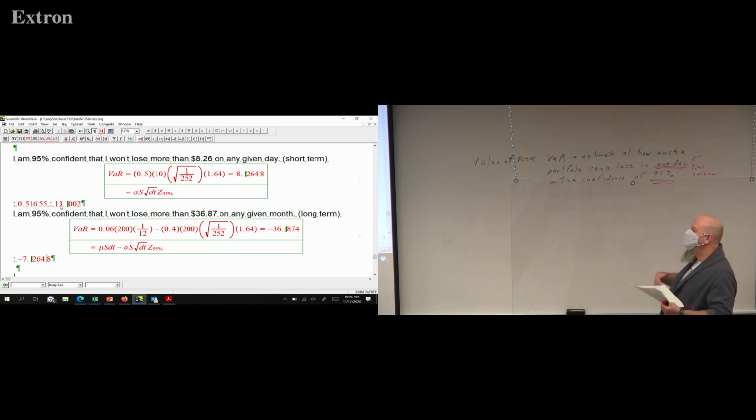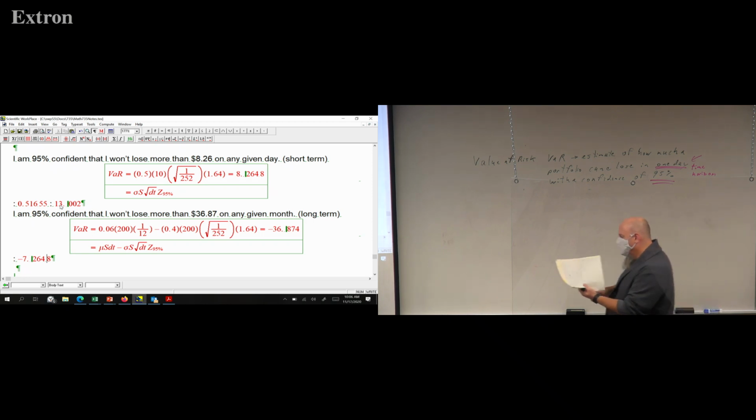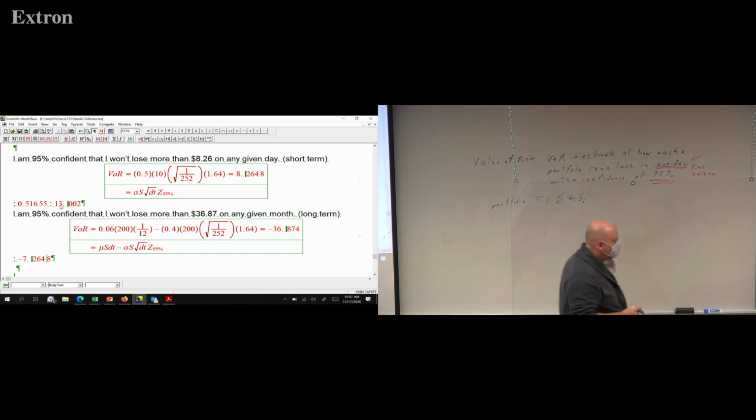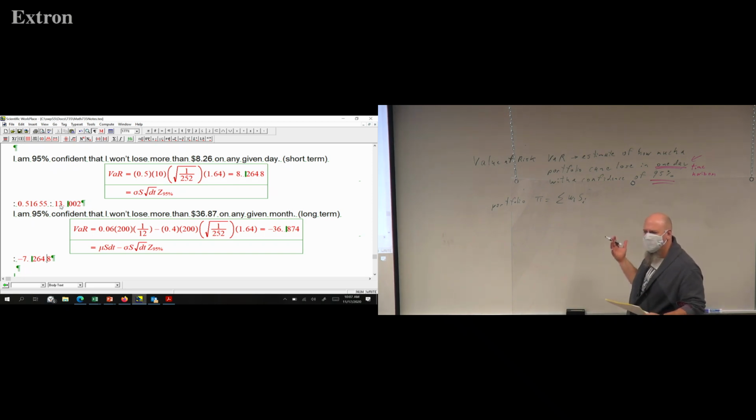So if it was a portfolio of stocks, then it would be put together as the weight times the stocks. Well, I can deal with this, right?